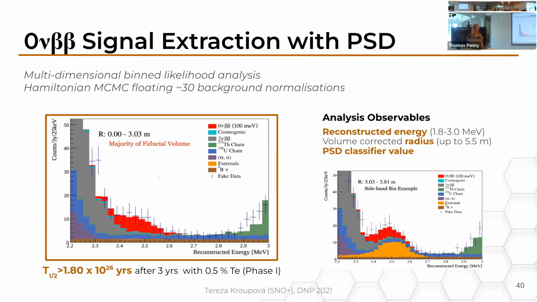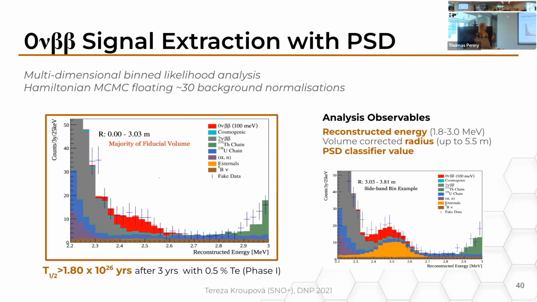You can also do it in radius, which helps further to remove the external backgrounds and break the correlation with them. And you can also use the value of the log likelihood, or any PSD classifier that you've developed, as an additional dimension in this fit.